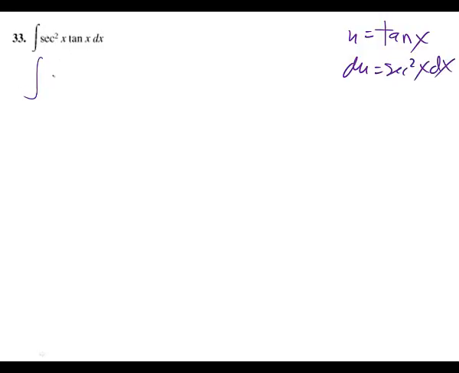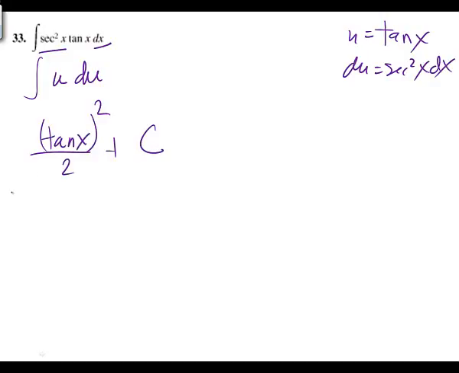So for the tangent, I'm putting in u. For secant squared x dx, I'm putting in du. Alright, when we go to integrate, we get u to the what? Squared over 2 plus c, and instead of u, we're going to write in tangent x.